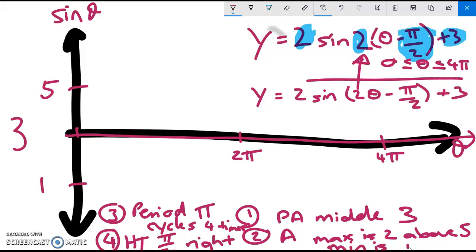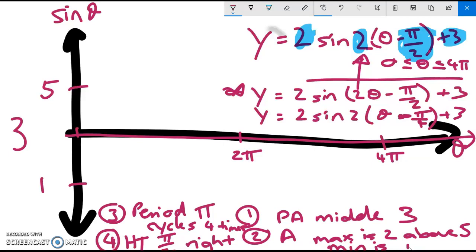What we've done in the function above is we've factorized, we've taken out the 2 from that inner thing. So if we were going to factorize this one and take it out, you'll see it's a different graph because we've taken 2 out. So we actually need to make this pi on 4 so that when we multiply that back through, it would become pi on 2.